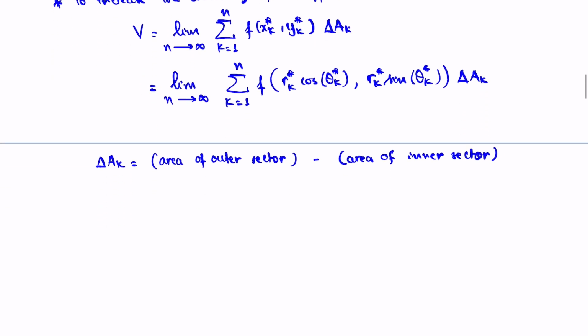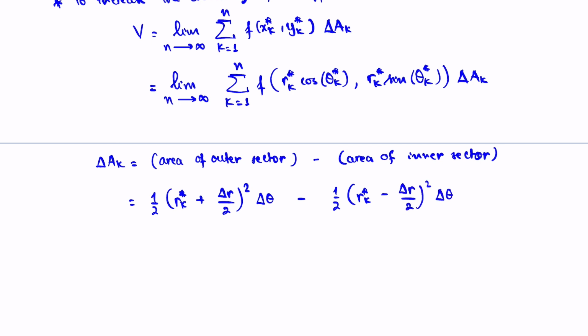The outer sector has the form 1/2 times r squared times delta theta, where the radius is r_k star plus delta r divided by 2, all squared, minus the inner sector, which has the form 1/2 times r_k star minus delta r divided by 2, squared, times delta theta.